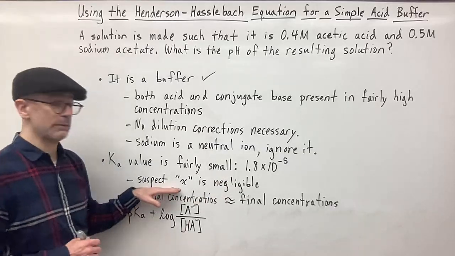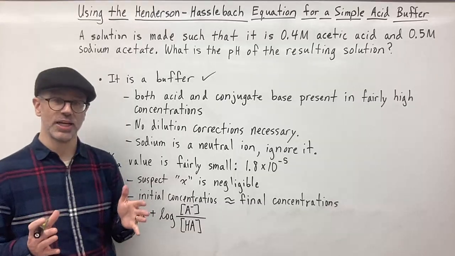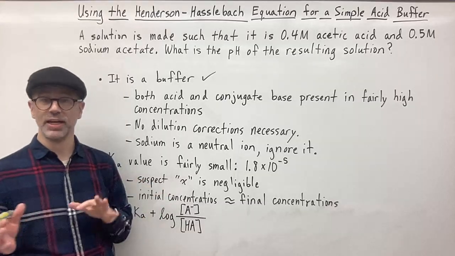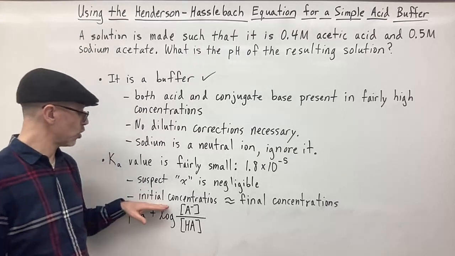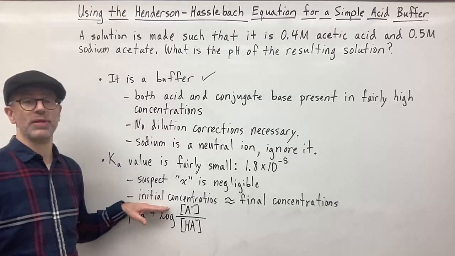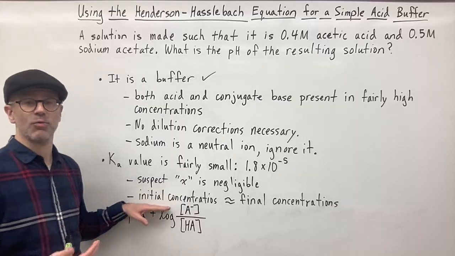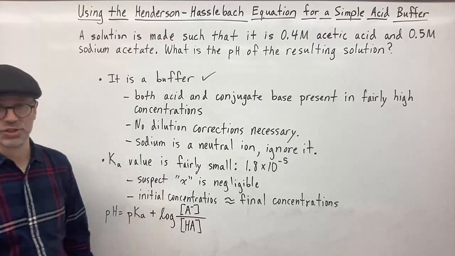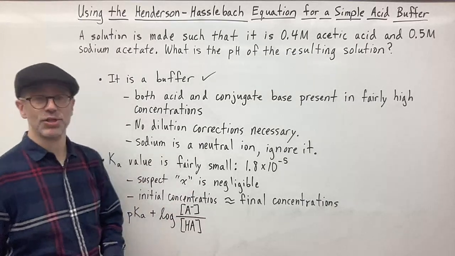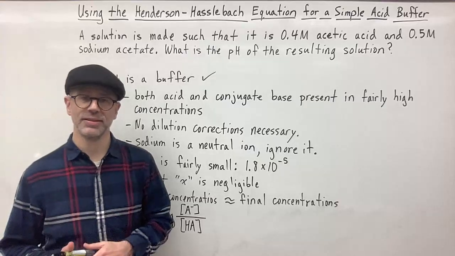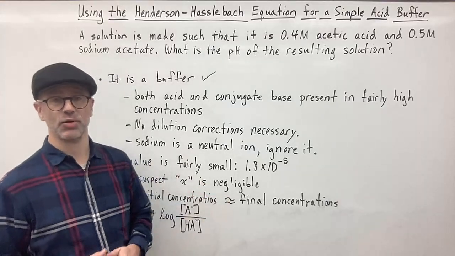So we can suspect that x, the change in the amounts of things based on the shift, is going to be negligible. Therefore we can assume that the initial concentrations will be equal to the final concentrations, and the conditions are met so that we can use the Henderson-Hasselbalch equation.